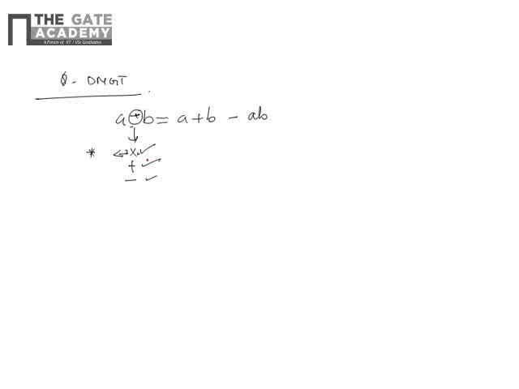Okay, so whenever this algebraic structure is considered, it is called a semi-group when it satisfies two conditions. First condition, it is a closed operation.